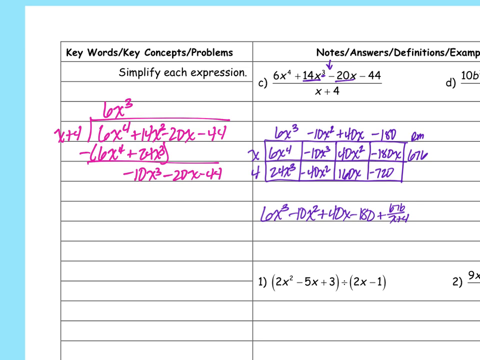And then I'm going to multiply by negative 10x squared, which gives me negative 10x cubed minus 40x squared. So I subtract, and that gives me 40x squared minus 20x minus 44. Because you can only subtract like terms, there's no x squared, so I just bring that down by itself.